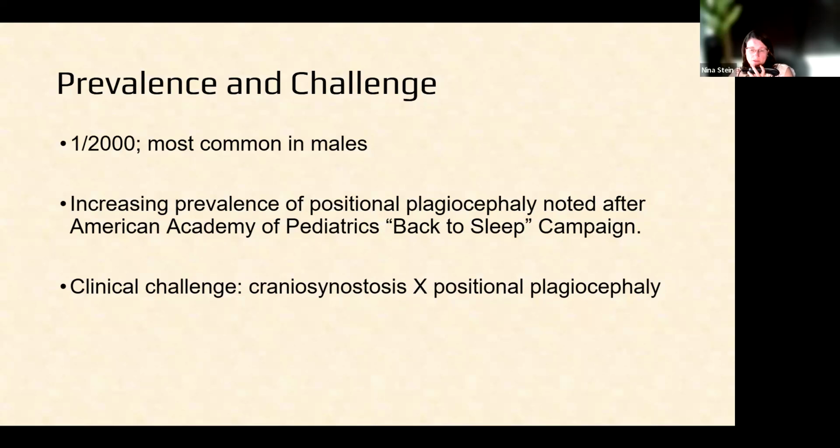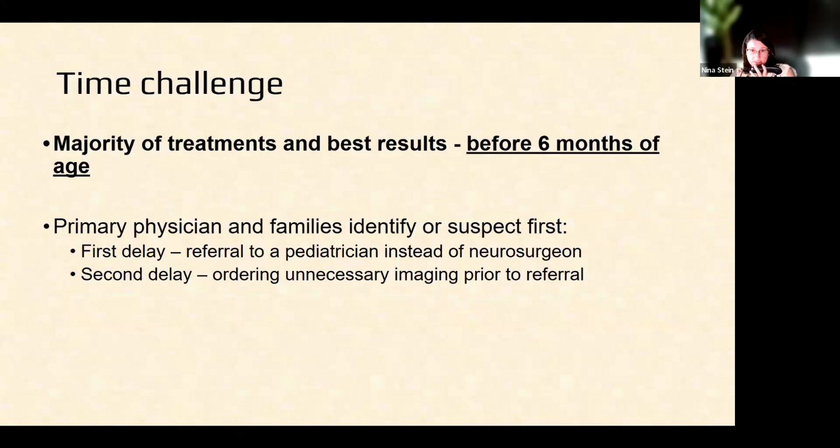And so the amount of kids with abnormal head shapes needing investigation or attention, at least for clinical assessment, went up as well. And if you have someone not experienced enough to differentiate craniosynostosis from positional plagiocephaly, that's where sometimes we are faced with the challenge and people feel like they need imaging.